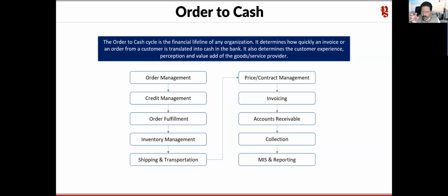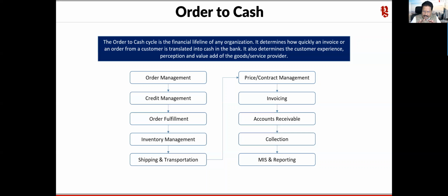So this broadly covers it. Again, like I mentioned, I'm not getting into too much detail, so that it becomes very simple for us to understand. If it is a sales cycle, these are the components that the organization takes care of. Maybe it is not compulsory that everybody needs to follow this.